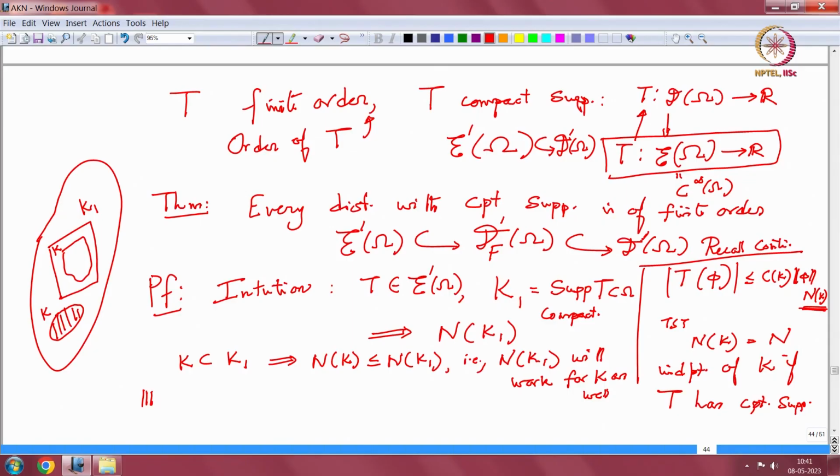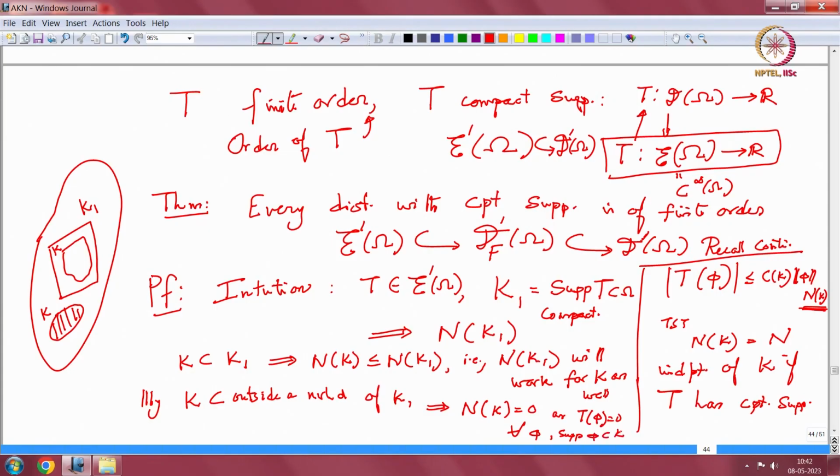Similarly, if K is outside a neighborhood of K1, then that will imply your nK will be 0. You can use that, because T phi will be 0. So, you do not need any derivative or anything to estimate, as T phi is equal to 0 for all phi with support phi in K.